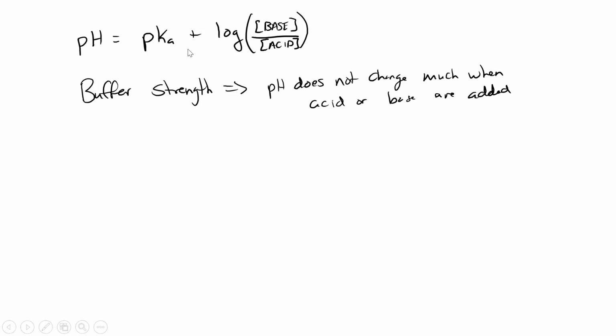And now we know kind of what that looks like. What makes a good strong buffer is if you change the base or the acid a little bit, it doesn't overall affect the pH very much. So there's two things that you look for when you want a strong buffer. One, you want a pH that's near the pKa of the acid.